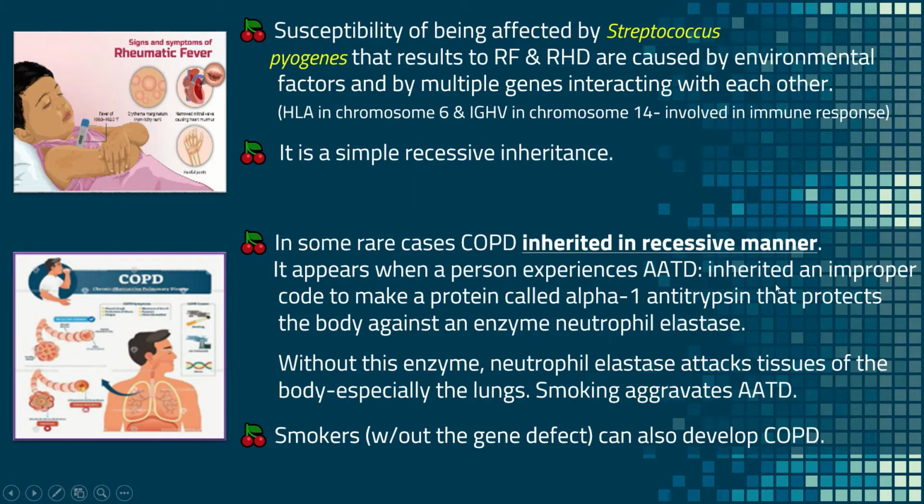However, since there is a mutation of the gene that codes for alpha 1 antitrypsin, the mutation leads to decreased or low amounts of alpha 1 antitrypsin, and neutrophil elastase can do its attack.